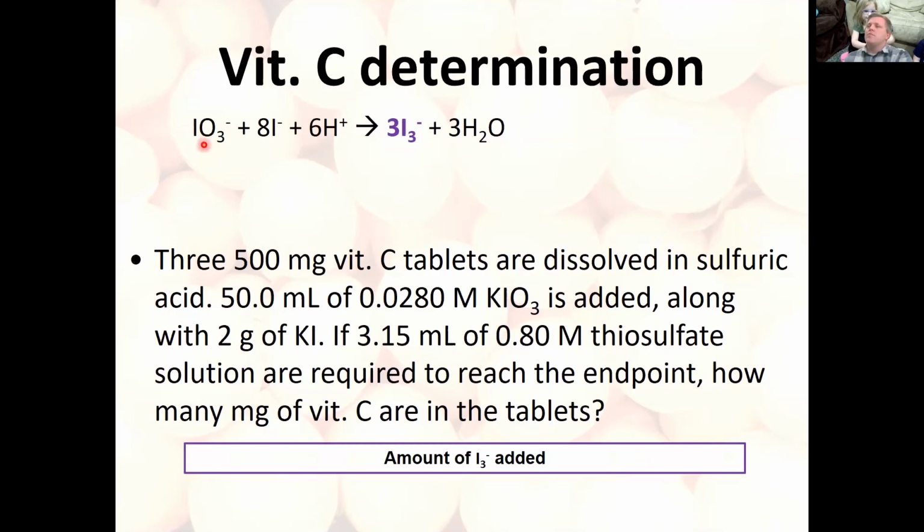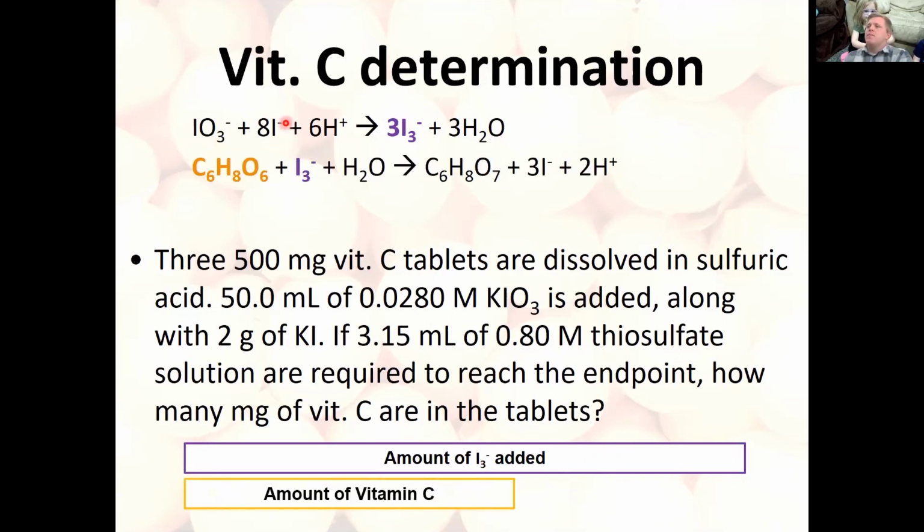We'll have to remember this KIO3 plus KI reaction forming the I3 minus. So that's the amount of I3 minus added. We'll have to remember that we're adding vitamin C, and that's reacting at a 1-to-1 ratio with the I3 minus. And so it's using up some amount of that I3 minus we added.